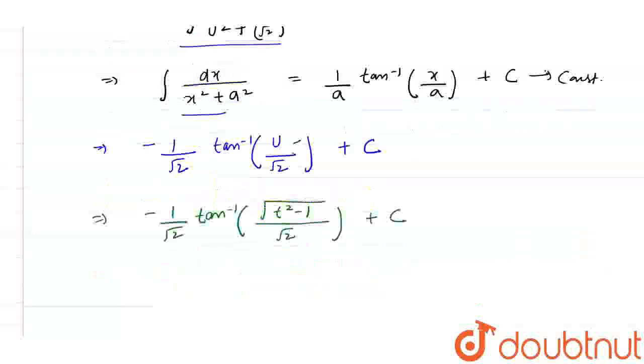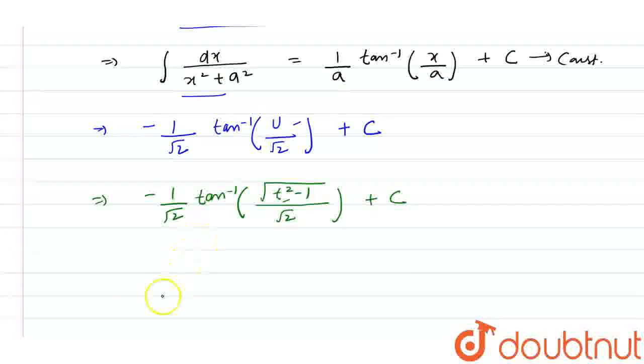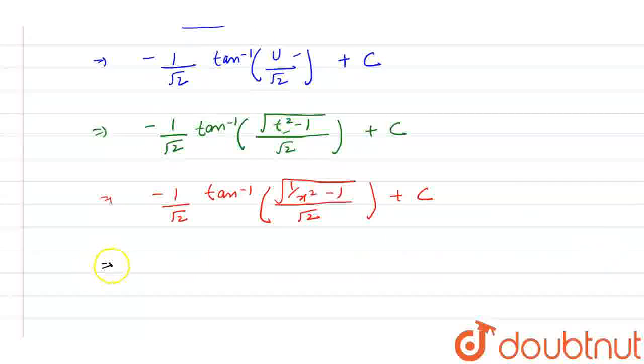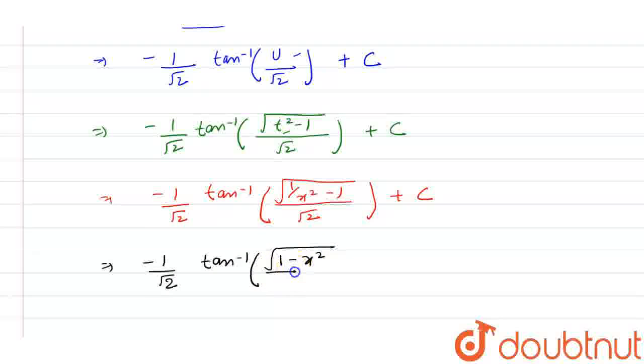Now by putting the value of t, we get minus 1 by root 2 tan inverse root of (1 upon x square minus 1) upon root 2 plus c. Now by further solving we get minus 1 upon root 2 tan inverse root of (1 minus x square) upon root 2 x plus c.